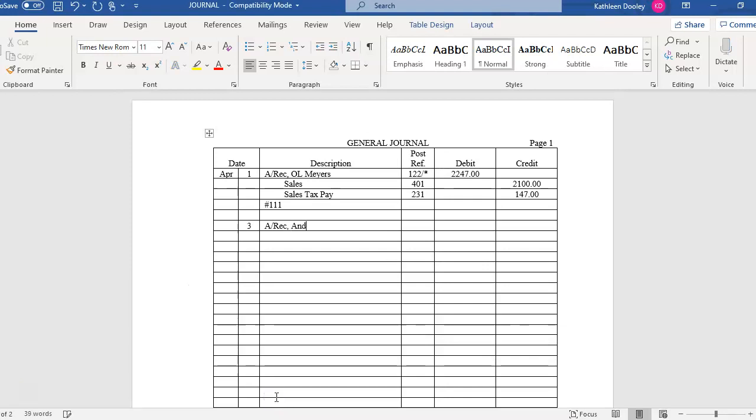Okay. Every time you have accounts receivable, from now to the rest of the semester, you have to also put the customer's name in there, whether you're debiting accounts receivable or crediting accounts receivable. Okay, the total that Andrew Play owes us is $1,070.